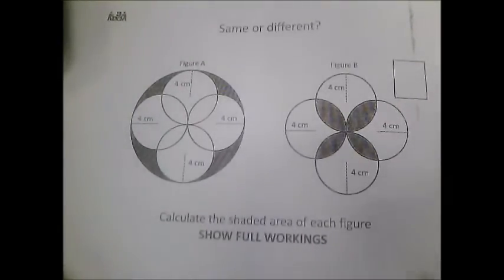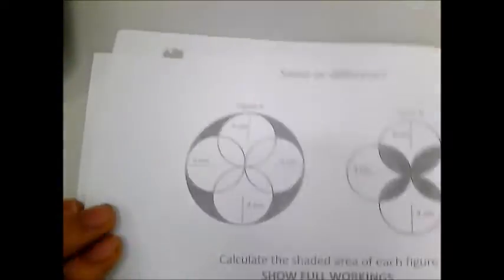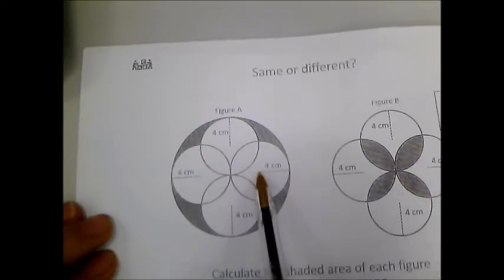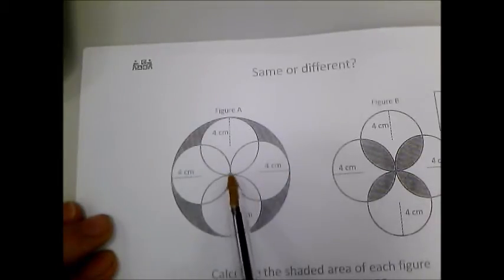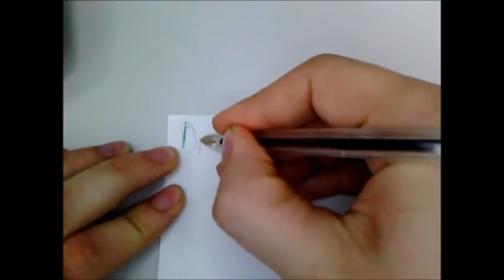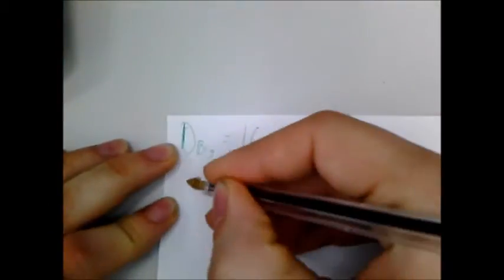Okay. So the first thing I'm going to do is I am actually going to need the area of this big circle, so let's do this bit first. So I can see that the diameter of the big circle is 8 here and another 8 here, so my diameter of the big circle is 16 centimeters.